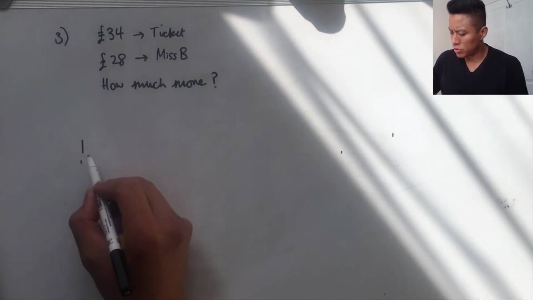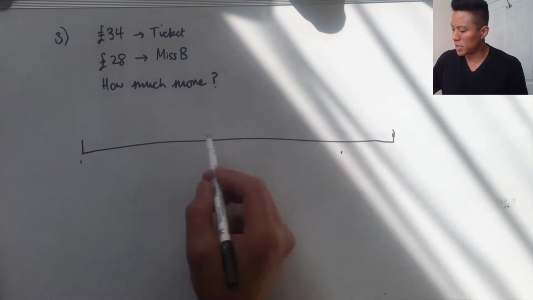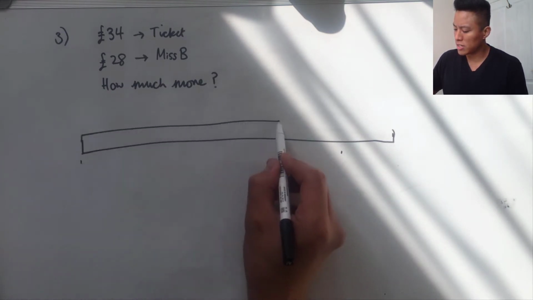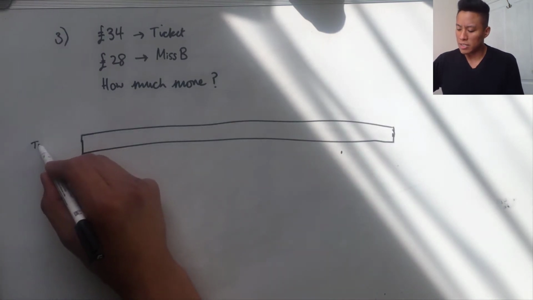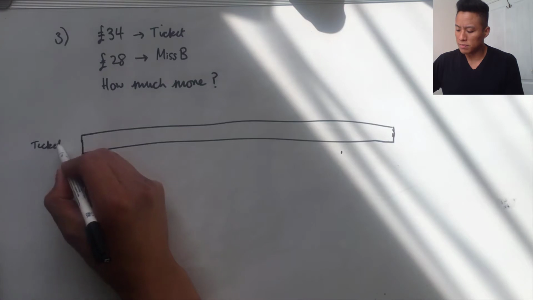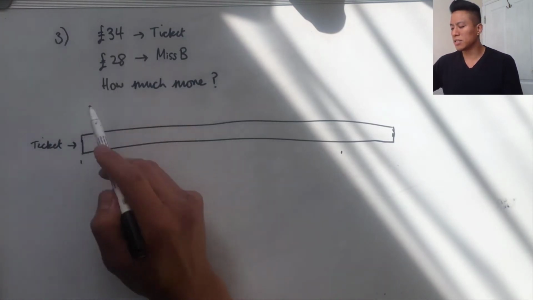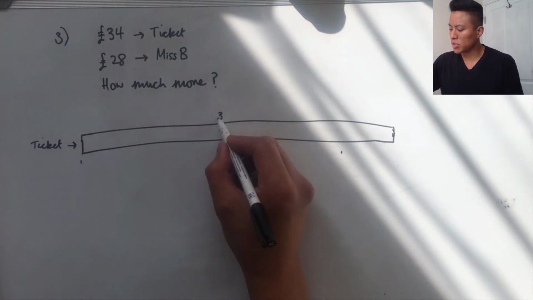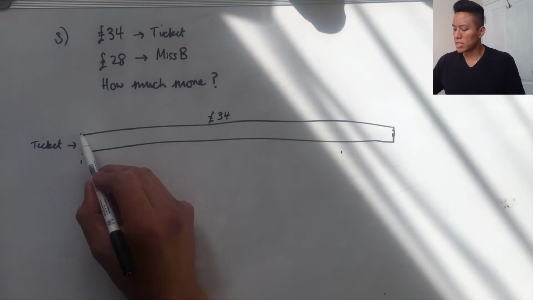So if I draw a lovely bar model, oh, look at this, a nice long bar model. Let me set up all of this. This is going to represent the ticket. And how much does the ticket cost? We know it costs 34, and don't forget your unit there, £34.